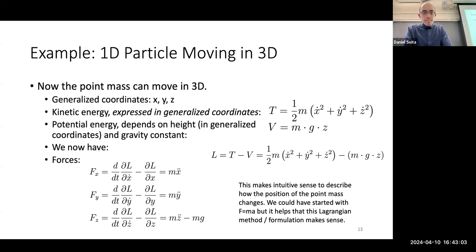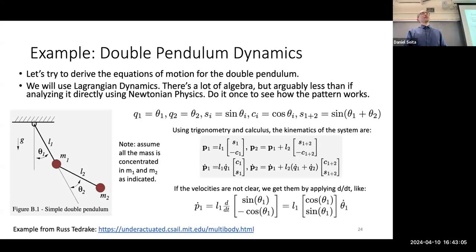Hi, so we talked about a 1D particle, but it gets much more interesting and also much more algebraically intensive when we talk about systems of equations with more than one thing in it. So this example is a classic example that's very commonly analyzed called the double pendulum dynamics.